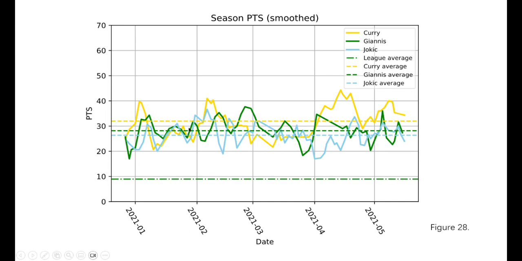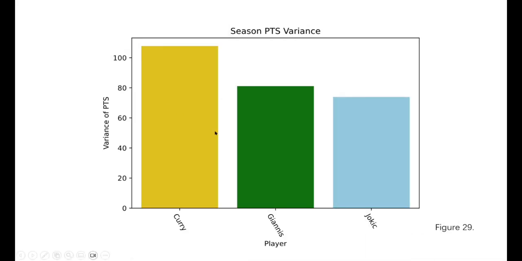Overall, Stephen Curry has the highest scores, and Jokic has the lowest scores. But they all far exceed the NBA's average scoring level. So they are all very good players. However, in relative terms, Stephen Curry has the highest scoring variance, meaning he's not very consistent.